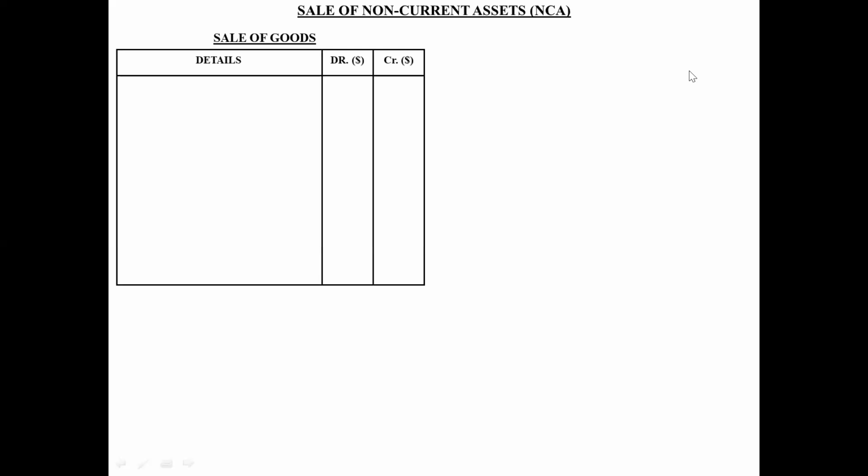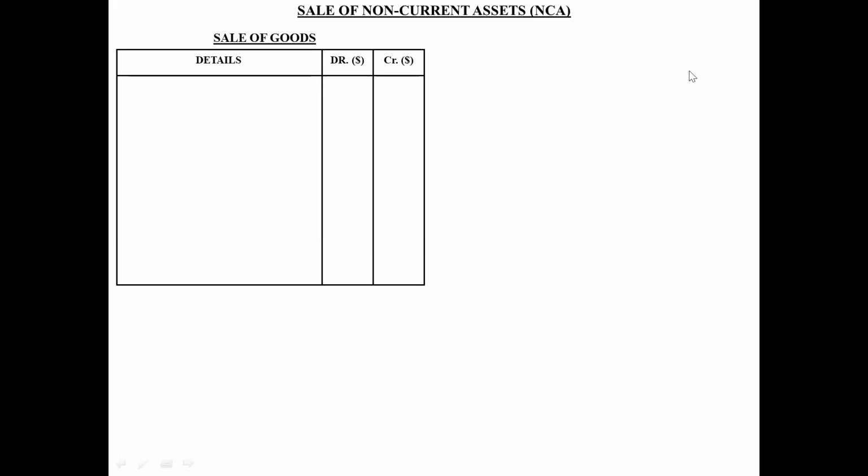So the main difference is this: goods are purchased because we want to resell them and earn profit, whereas non-current assets are purchased because we want to use them in our business for more than 1 year. So when you are selling goods, the journal entries will be as follows.